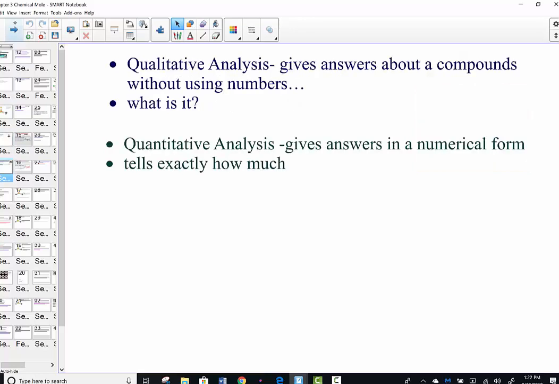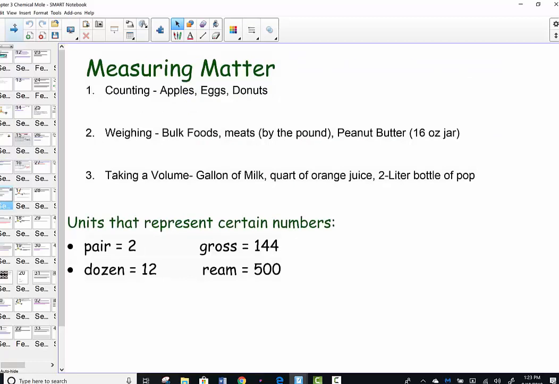So when we think about answers given to us with numbers, that's quantitative. If we think about answers that are not in numerical form, but rather a description, observation-based, we know that's qualitative analysis. In chemistry, you will have your share of both.